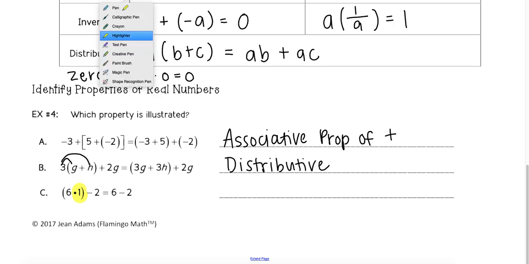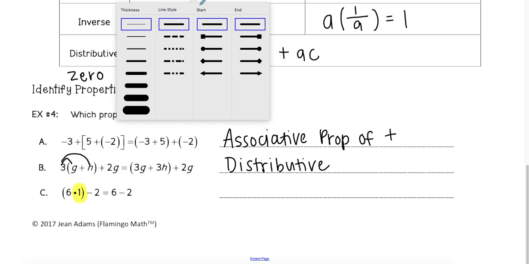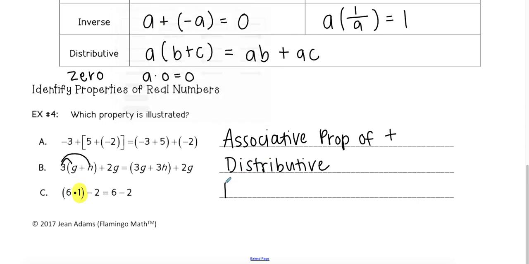Well, why are we able to multiply by 1 and it remains the same? That would be because of the multiplicative identity. So again, identity, you can do it, number stays the same.